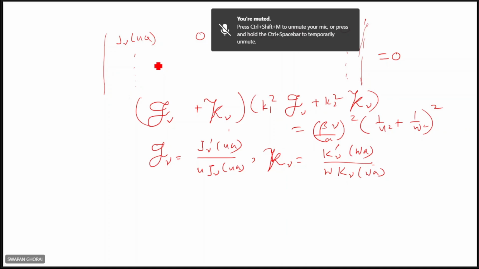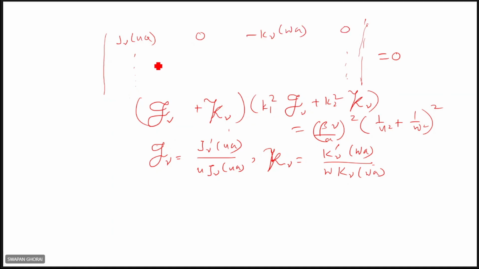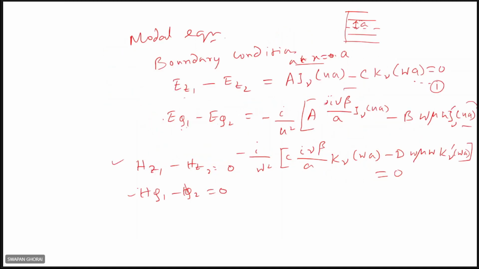Just a minute. A, B, C, D. Suppose I explain how we get these coefficients with one example. Here, in one equation, B is absent and D is absent. For the A coefficient it is J nu (ua), and for the C coefficient K nu (wa).